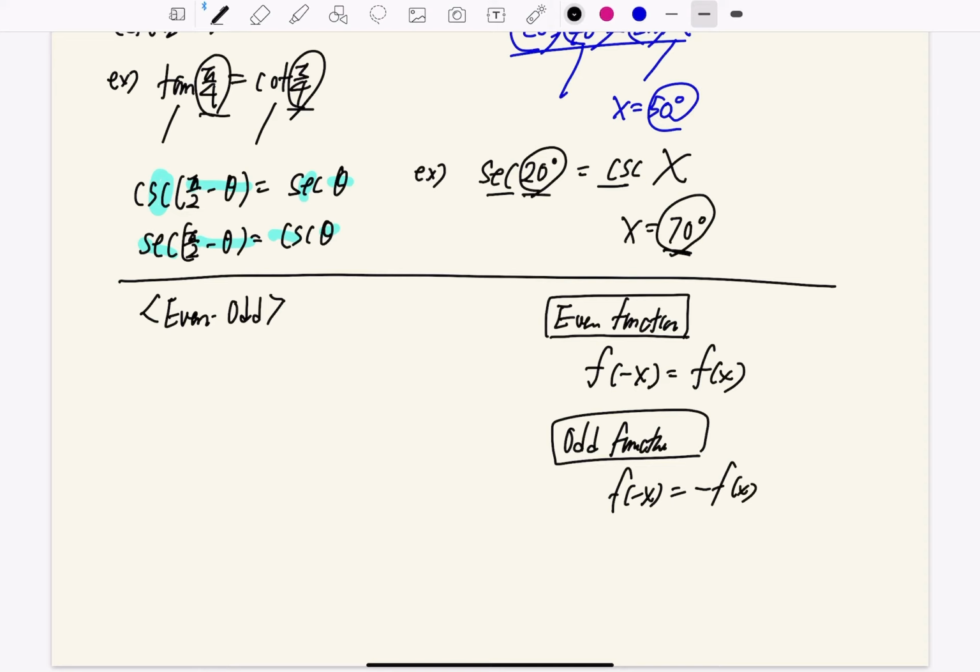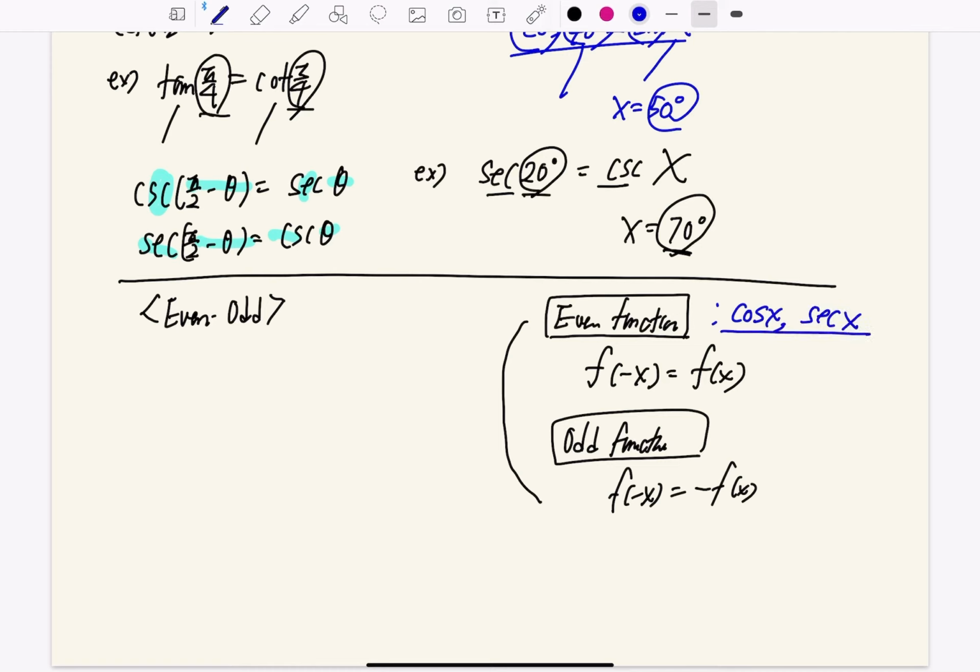We're going to apply these two equations to the 6 trigonometric functions. Out of all 6 trigonometric functions, sine, cosine, tangent, cosecant, secant, cotangent, only 2 functions are even: cosine x and its reciprocal, secant.